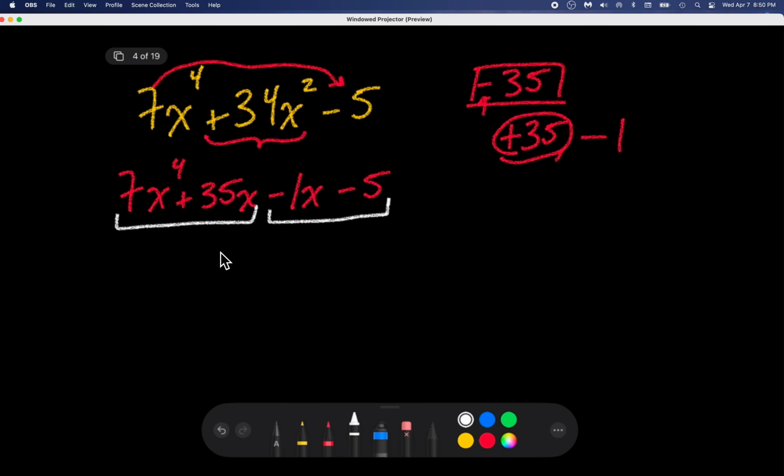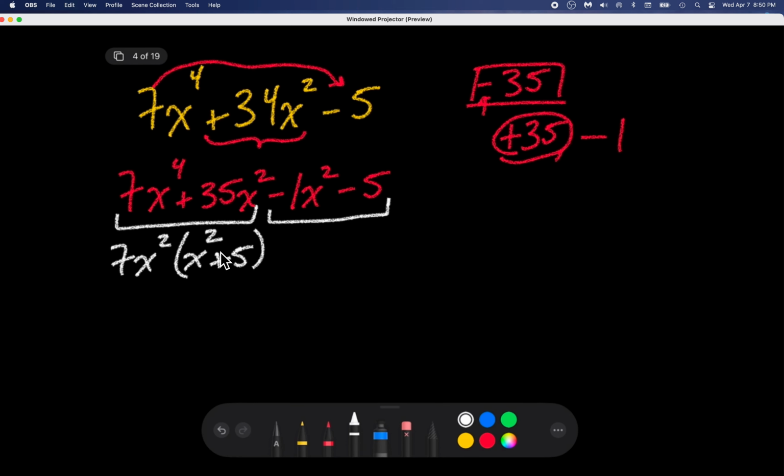So the first thing I'm going to do is pull out 7x squared as my greatest common factor on the left side of the equation. That's going to leave me with x squared plus 5. As soon as I see this, I know it's going to be here, so I plant it here.